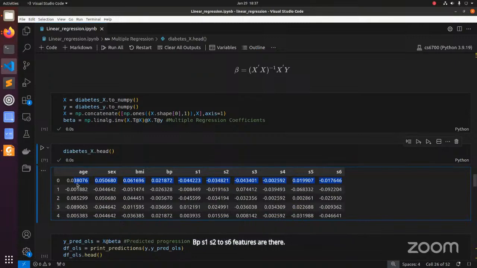So what if we learn a linear regression model on this? How will it look like? It will look like beta naught plus beta 1 times age, beta 2 times sex, beta 3 times BMI, beta 4 times BP, beta 5 times S1, till beta 10 times S6.